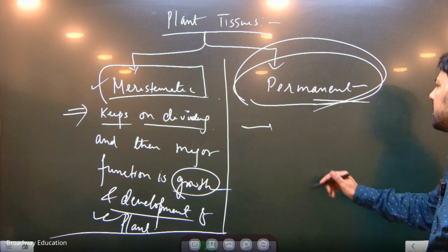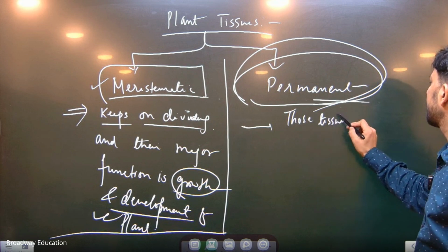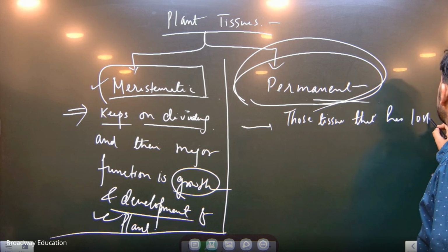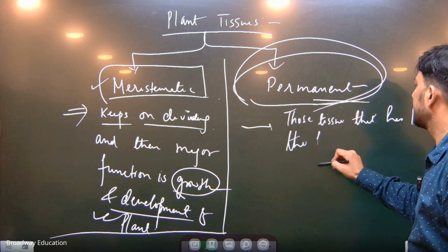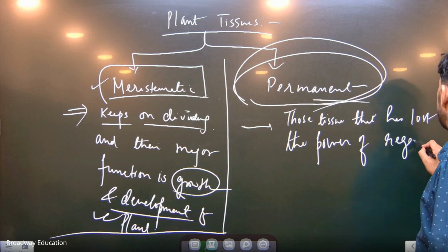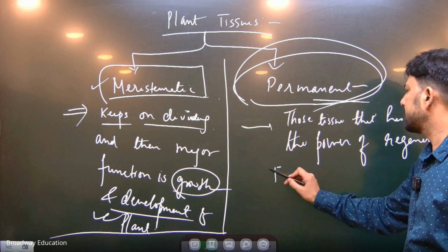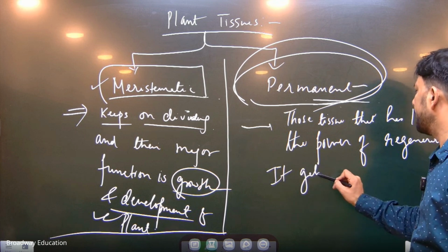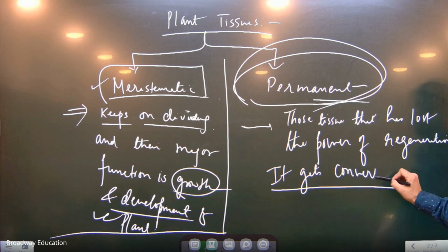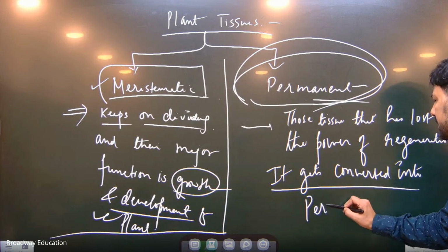So permanent tissues are those tissues that have lost the power of regeneration, and they get converted into permanent ones.